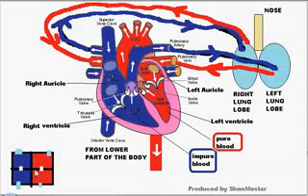From the left auricle to the left ventricle there is a bicuspid valve or mitral valve. From the left ventricle a valve protects the flow into the aorta. From the right ventricle there is a valve protecting that flow when it flows into the pulmonary artery here.